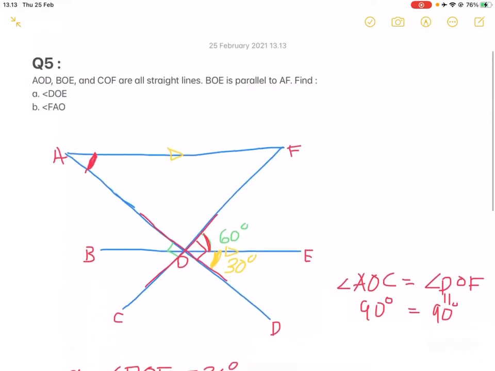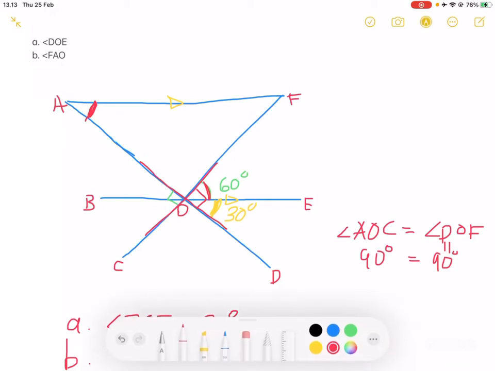Alright, for the next part, since we know AOD is also a straight line, that means this is also a right angle by knowing that the sum of all angles in a straight line must sum up to 180 degrees. Therefore, AOF, AOC, DOF, and in fact also COD must all be right angles.